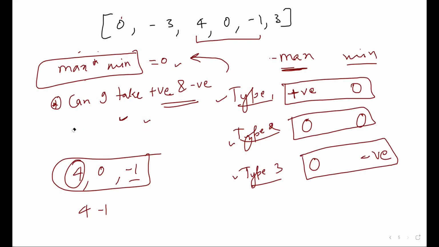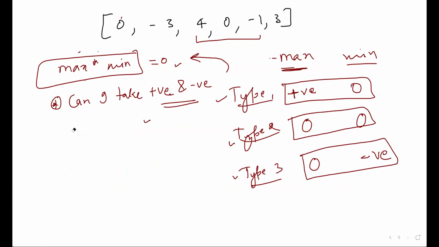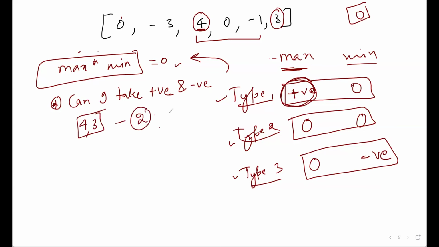Now I'll show for one of them how to find it, for type 1. You need to count how many positive values there are. I have 4 and 3. They are positive. 0 is not positive. 0 is non-negative. Always remember there is a difference between positive and non-negative. Non-negative includes 0. Positive means a value greater than 0. So there are two positive values, 4 and 3.